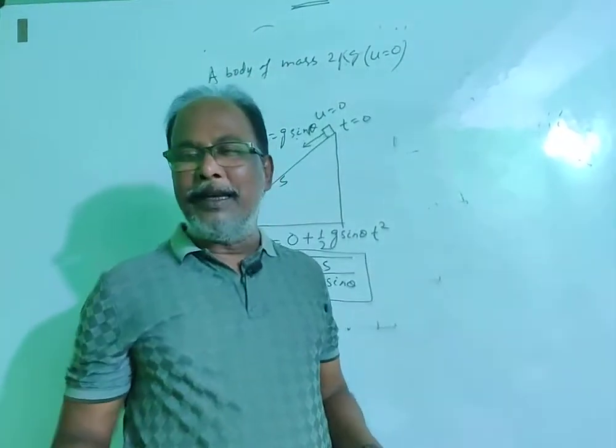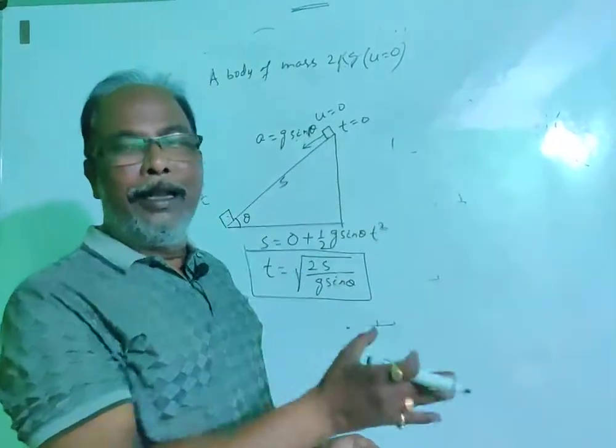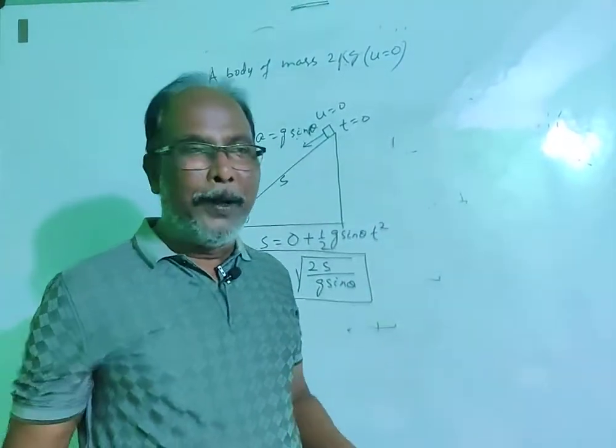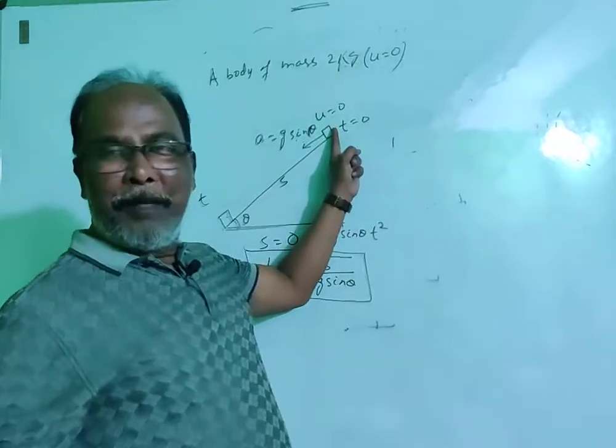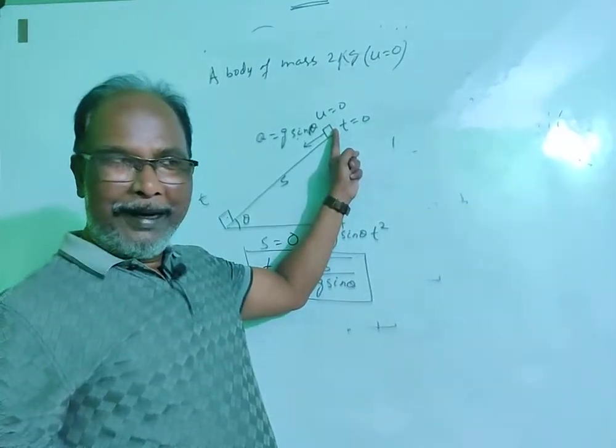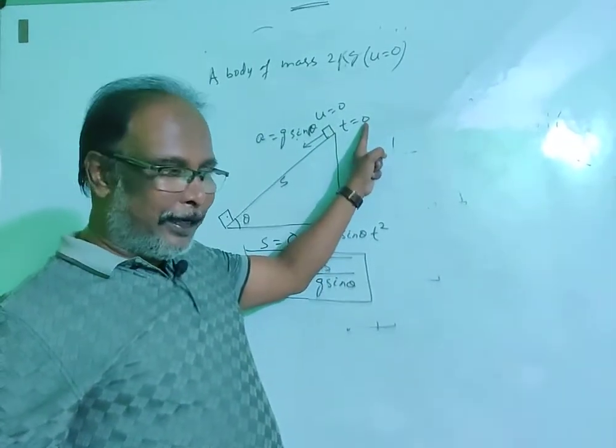Her doubt is a very common doubt, and I have already explained it, so you can understand well. The body is released from the top of the inclined plane, meaning the initial velocity is 0.